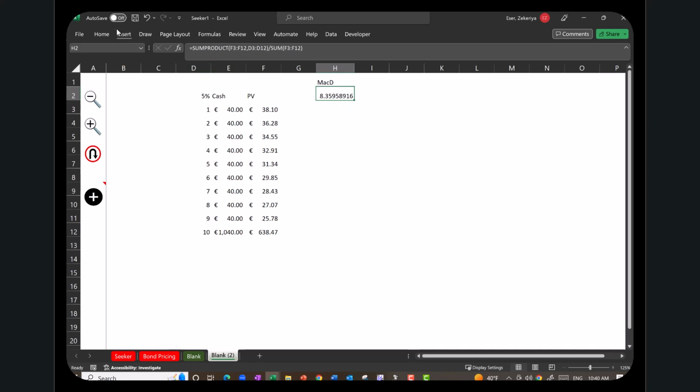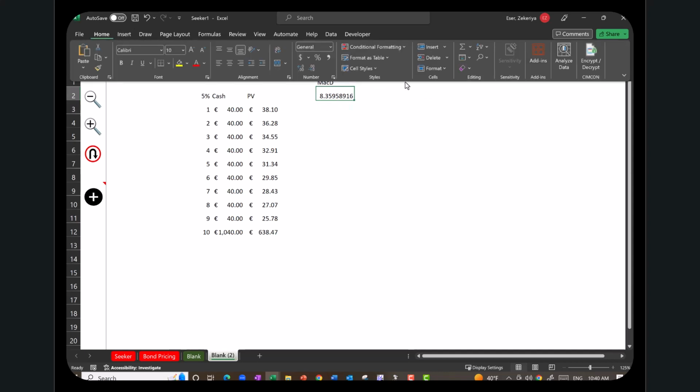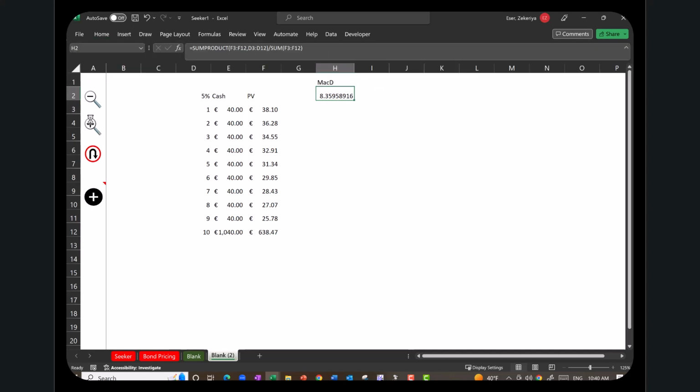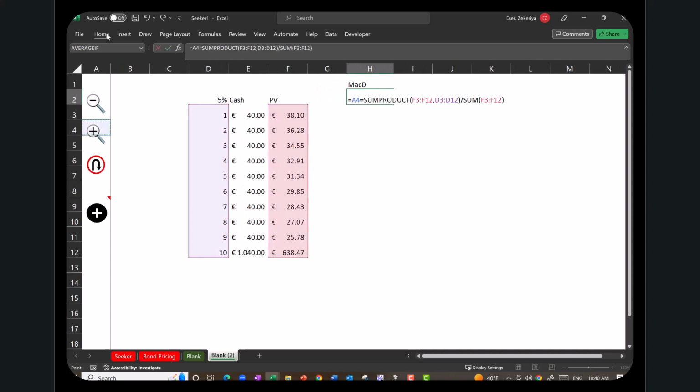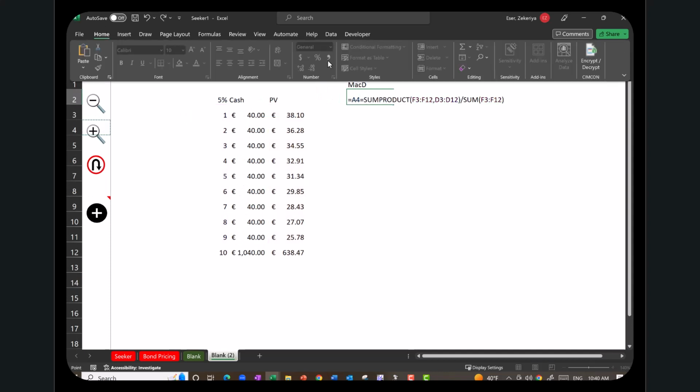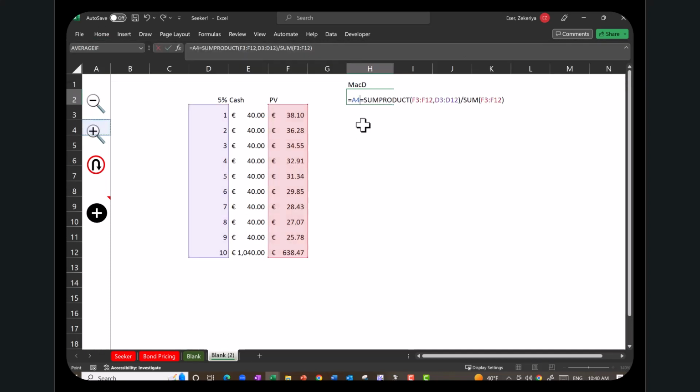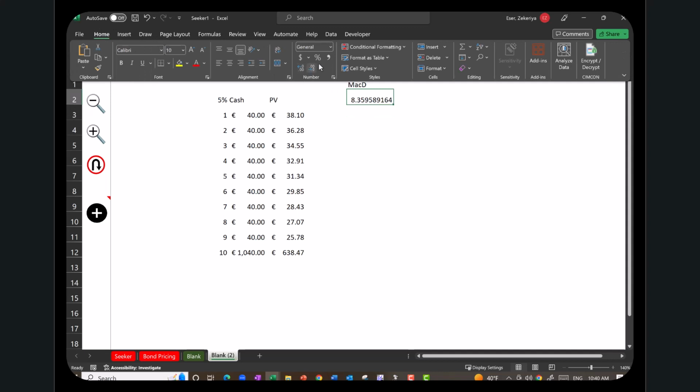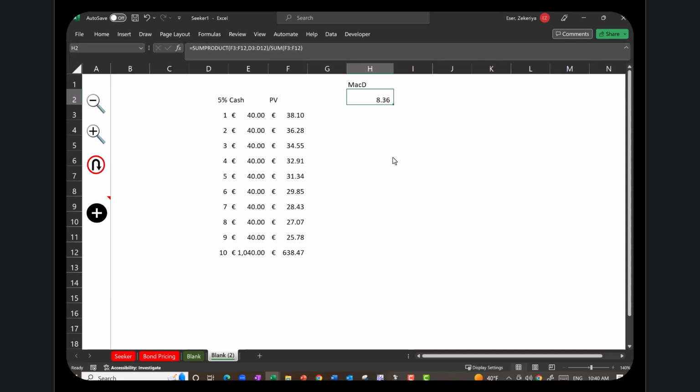So in this case, it's a bit bigger. On average, I'm going to wait 8 years and some change, or about 4 months, to get my money back.